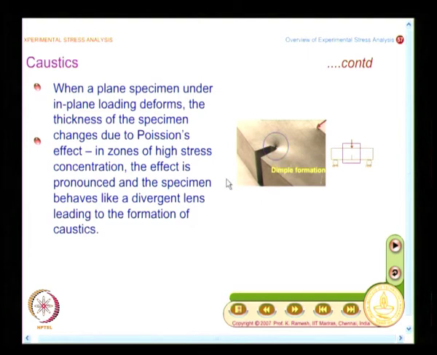Now you relate what causes the deviation of the rays. By relating these two, you will be in a position to find out what caused this change and hence the level of stress concentration. So that is the basic principle behind it.